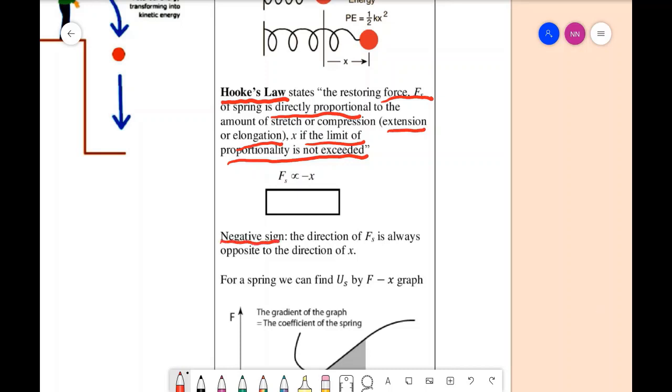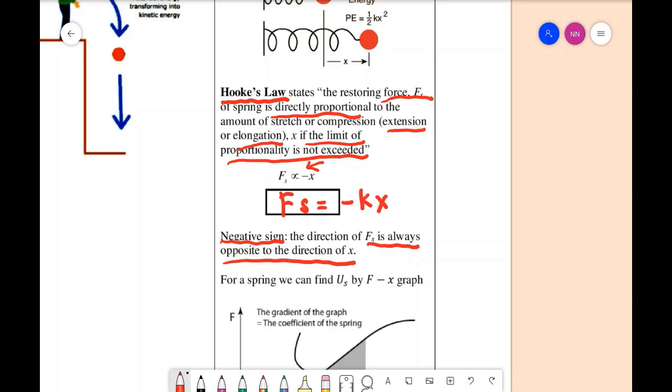Negative here means the sign of Fs is always opposite to the direction of x. So in formula, Fs equals negative kx.